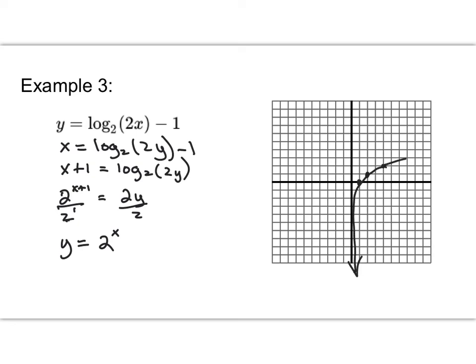Sure, that's starting to look very familiar to you by now. You should at least label (0, 1). And another important point to label, because it would help you find the equation if you only had the graph, would be (1, 2).